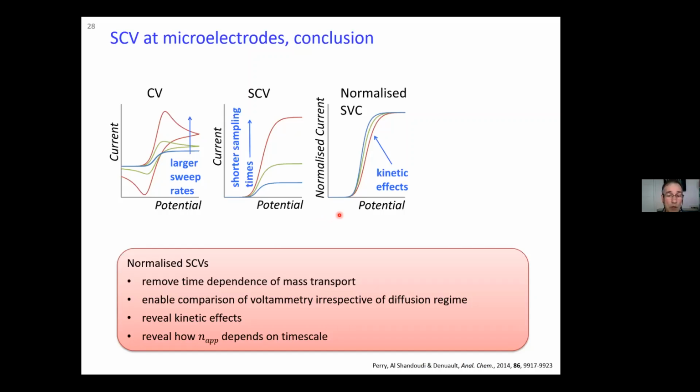So the sample current voltammogram is quite good in that respect, in that it removes the distortion coming from different diffusion regimes, and it allows us to observe kinetic limitations, or in the case of the oxygen reduction reaction, it allows us to observe how the apparent number of electrons is changing with time scale.